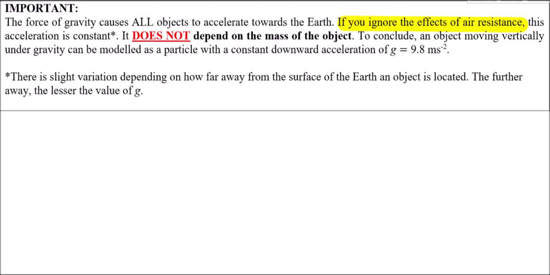However though, if you removed air resistance by, for example, having an experiment in a vacuum or on the moon or in space, a bowling ball and a feather would fall at exactly the same rate. Hard to believe, but here's a little demonstration for you.